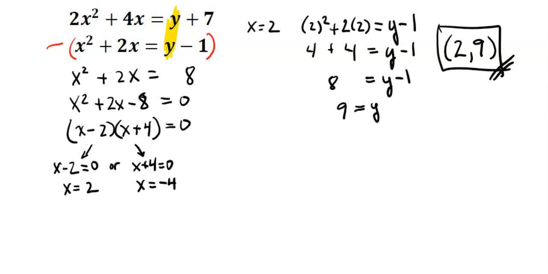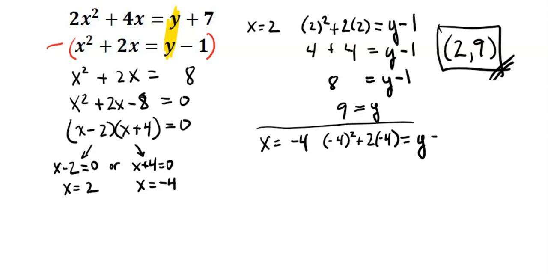And then do the same thing here for x equals negative 4. Negative 4 squared plus 2 times negative 4 equals y minus 1.